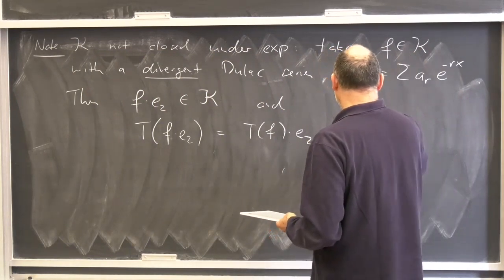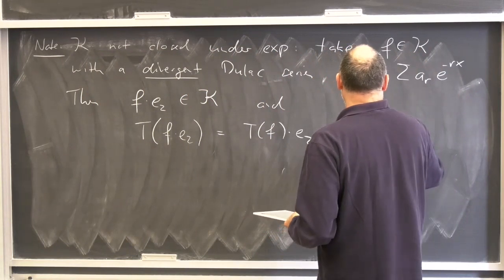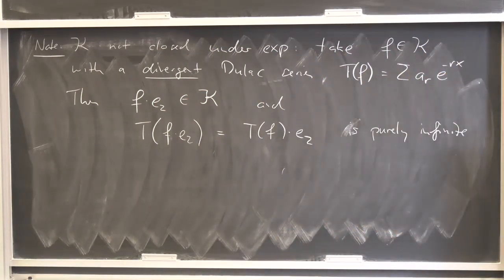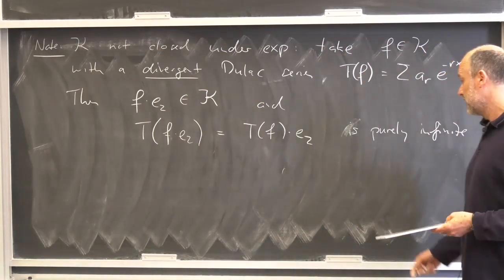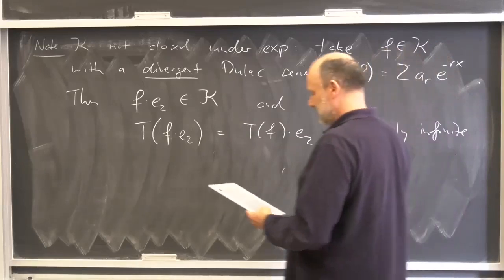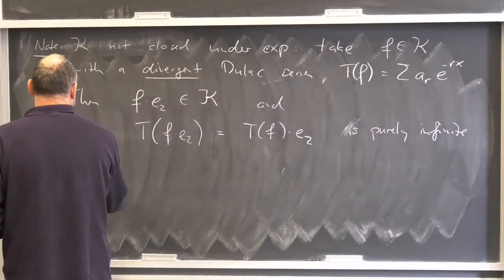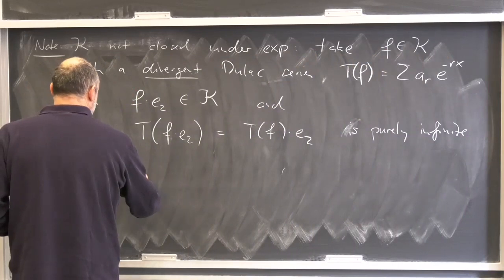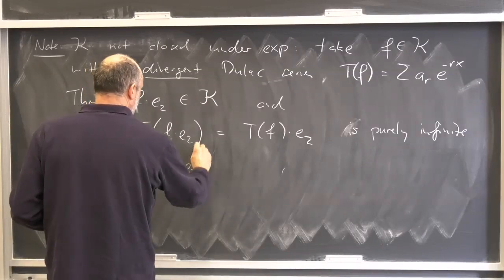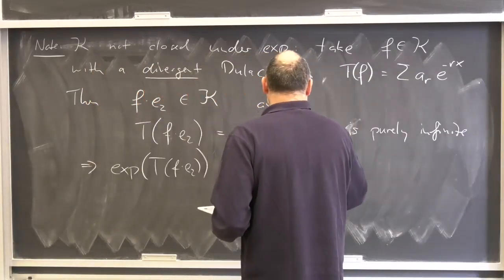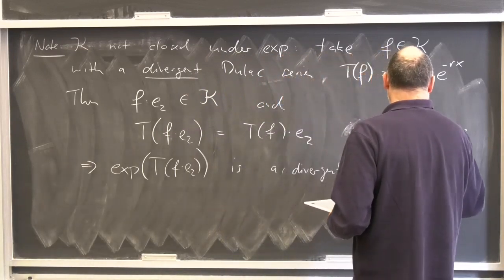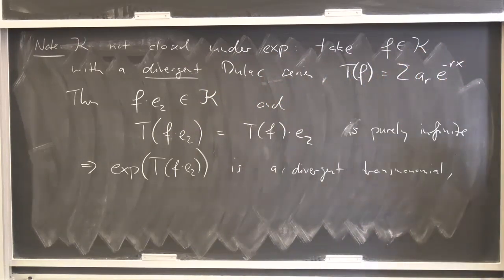This is purely infinite. Okay, and it's a divergent series. It's a true series, not just a polynomial. Okay, it's divergent, which means exp of this series is a divergent transmonomial. And so it's not in the image of T.